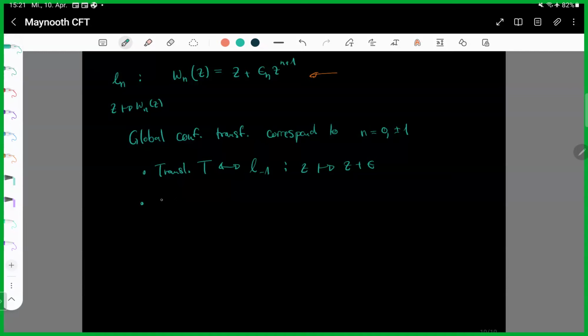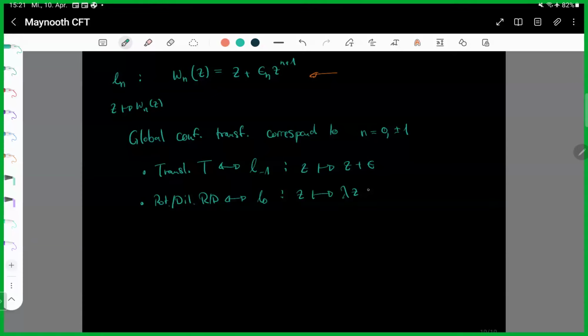Then there were the rotations and dilations, which I called R and D. Those are going to be generated by L_0. Why? We do the same thing. We know that rotations and dilations, the complex version of that, just take z into lambda times z.